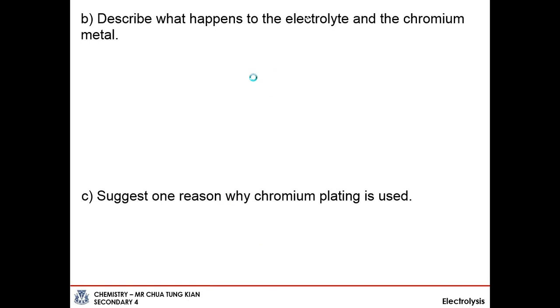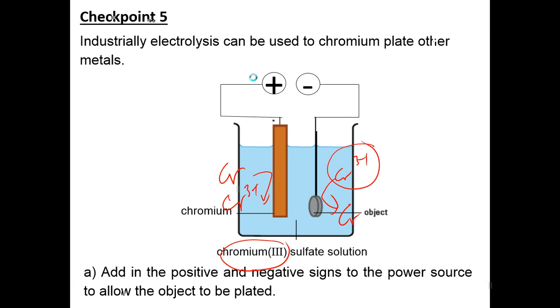So what happens to the electrolyte and the chromium metal? As mentioned earlier, the Cr metal here will actually continuously replace the Cr3+ in the electrolyte. The Cr3+ will be deposited on the object here. So at the end of the day, the concentration of Cr3+ in the solution will remain unchanged, but this chromium electrode here will gradually dissolve.